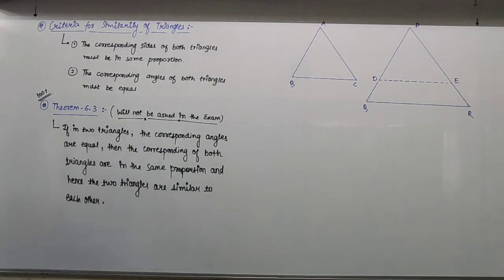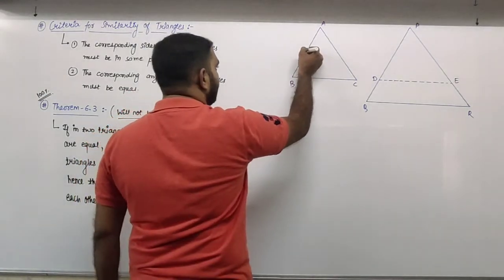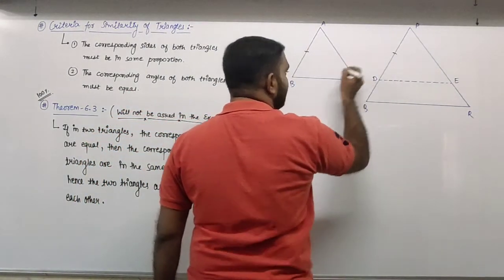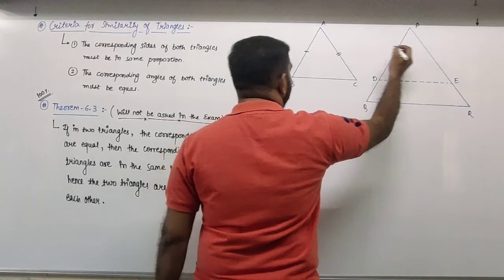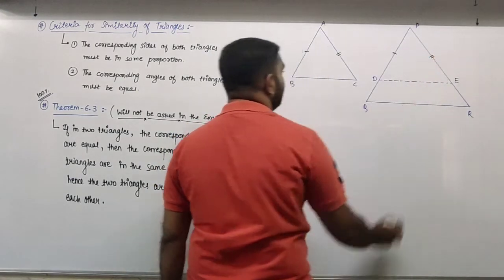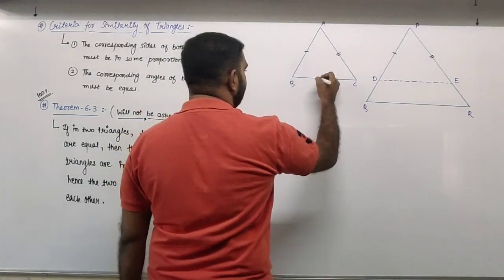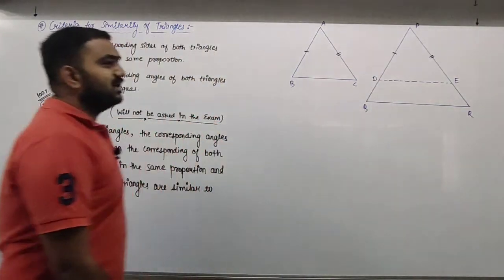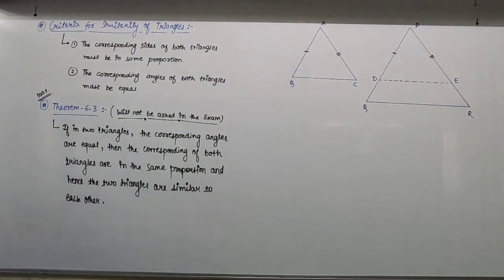We will just cut this much part, that is PD and PE in triangle PQR, and we will just join them D to E, such that AB and PD are equal, AC and PE must be equal, and hence we can say that BC and DE will also be equal, or they will be in same proportion, right?